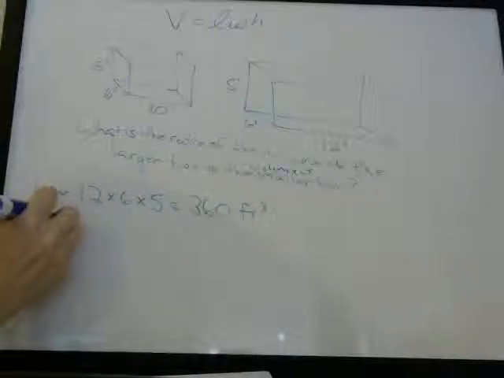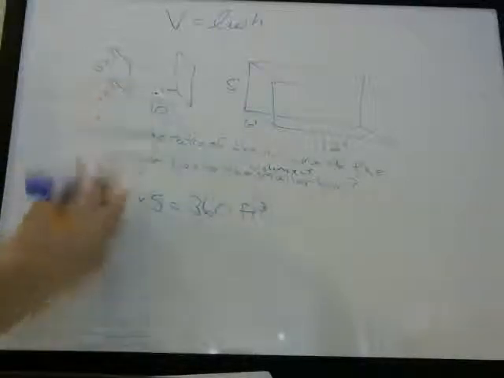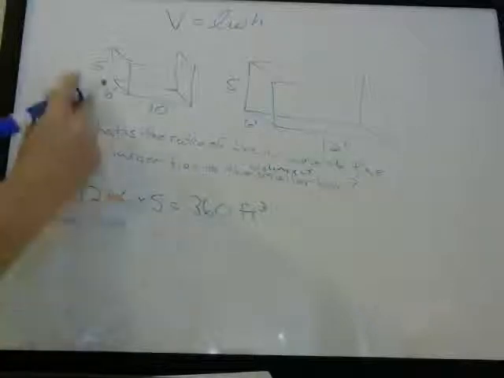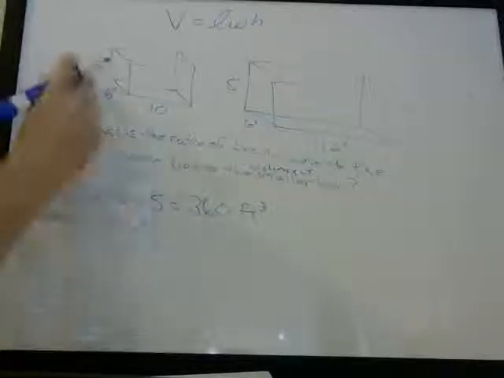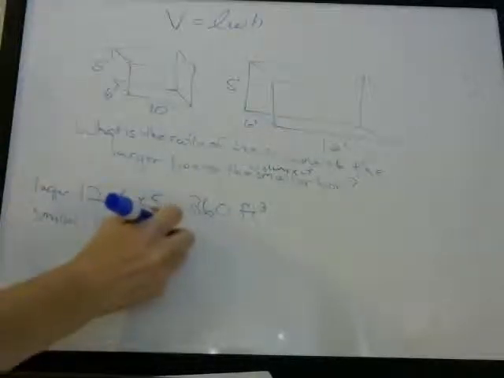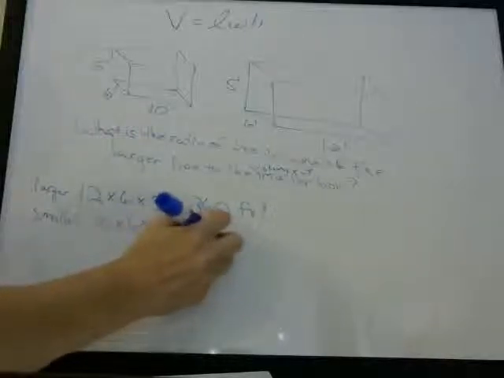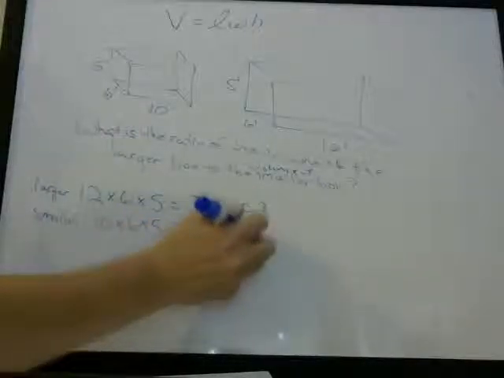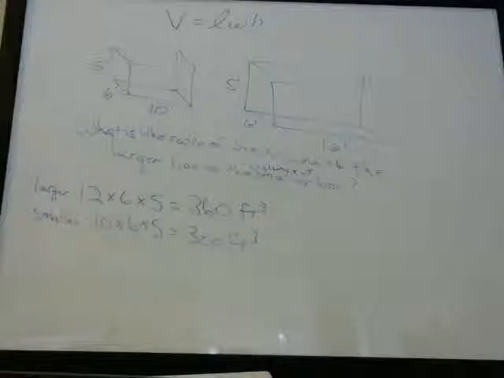The smaller box, length is 10, width is 6, height is 5. Put that in your calculator. 300 cubic feet. What's the ratio of this volume to this volume, of the larger to the smaller?